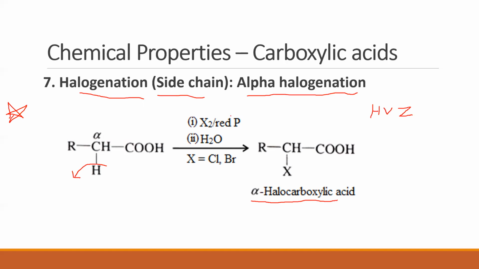This takes place in the presence of red phosphorus and halogen. Upon subsequent reaction with water, you get alpha halocarboxylic acid. The reaction has one more name, HVZ reaction, or Hell-Volhard-Zelinsky reaction.